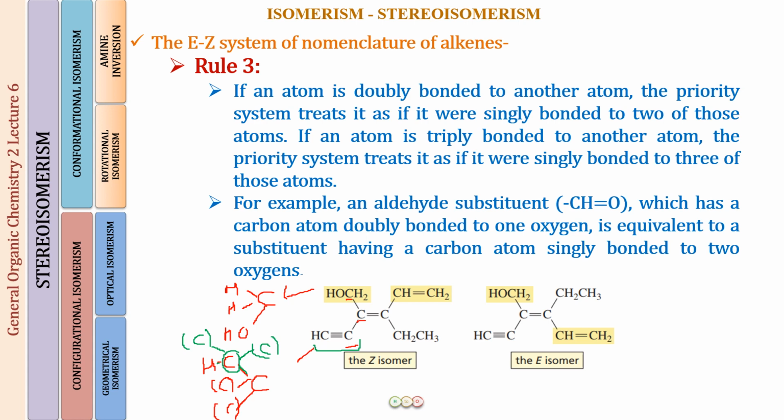Similarly, if you look at the opposite side, I will expand this structure over here. So you will be having a C, a H, a CH2, right? This is my actual carbon, and then I have a double bond, so I will be making one pseudo carbon.